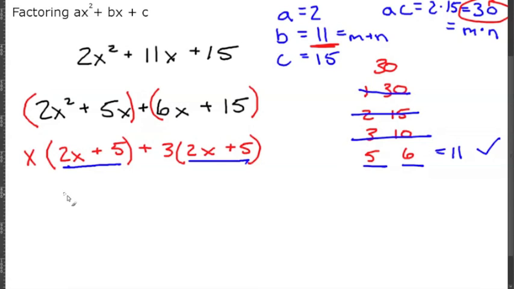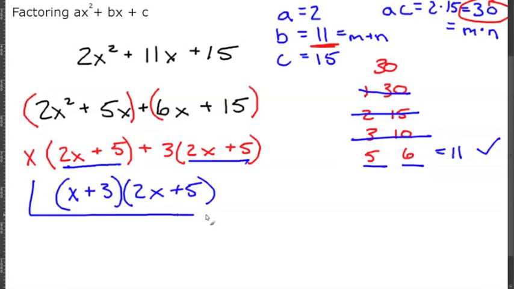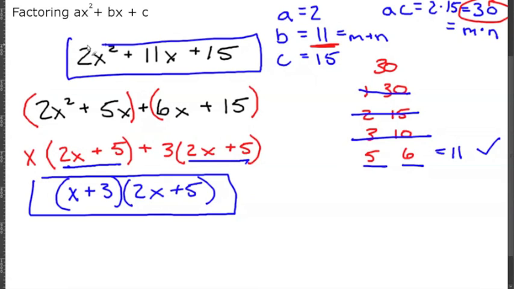Now we can do x plus 3 times 2x plus 5. And that would be the factored form of this polynomial, because we have 2x plus 5 times an x and 2x plus 5 times a 3. So x plus 3 times that 2x plus 5.